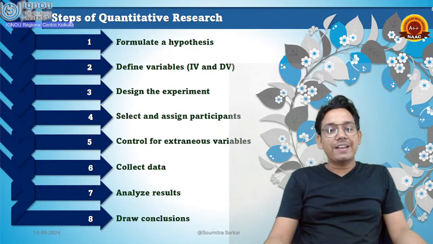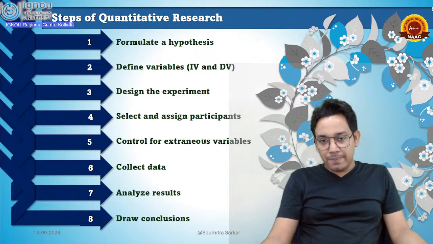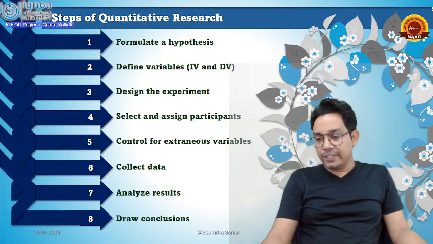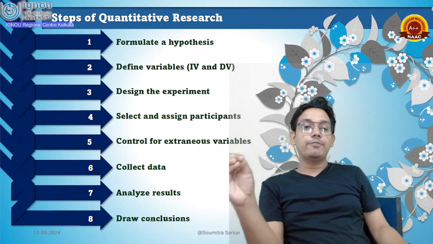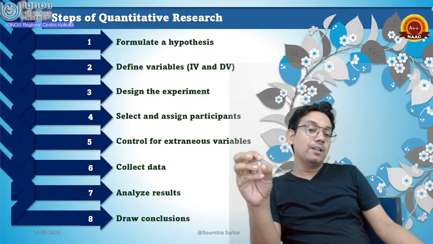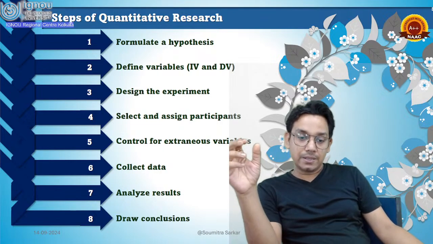Second, define variables: independent variables and dependent variables. I have mentioned the short forms IV and DV. IV denotes independent variables and DV denotes dependent variables. You need to figure out which variable is independent and which variables are dependent.